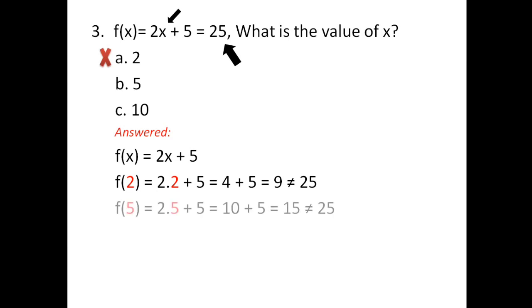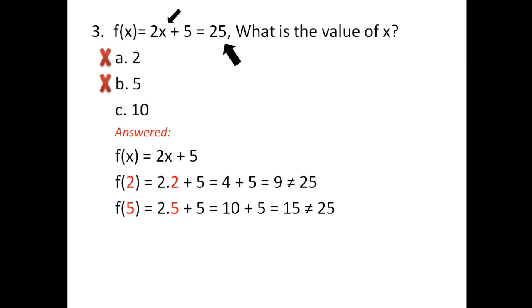Next, choice B. We substitute 5 into x in the function. 2x plus 5 equals 2 times 5 plus 5. 2 times 5 equals 10. 10 plus 5 equals 15. And 15 is not equal to 25. So choice B is false.